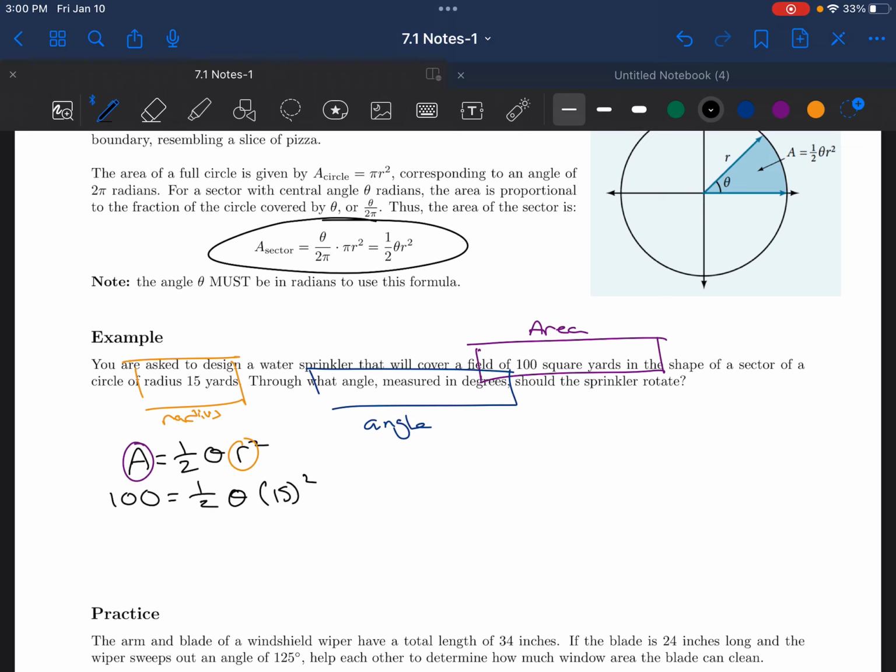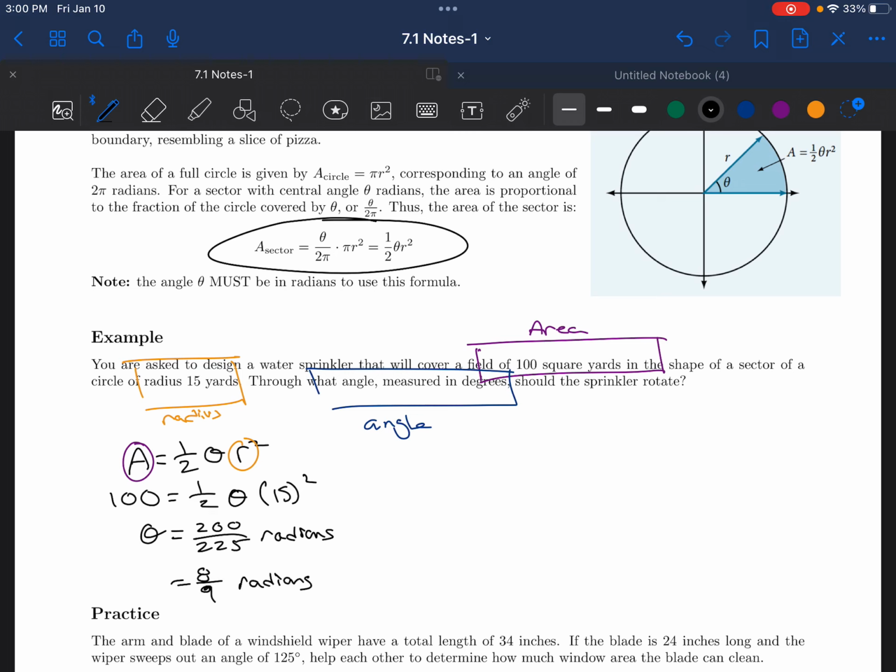If I multiply both sides by 2 and then divide by 225, we find out that theta is equal to 200 divided by 225 radians. Now, that simplifies down into 8/9 radians.